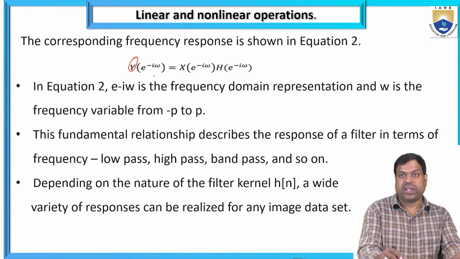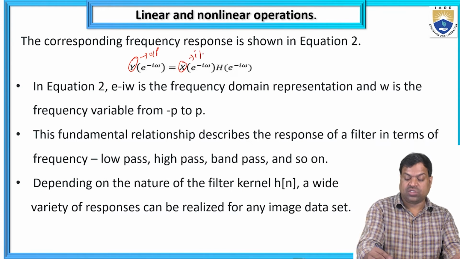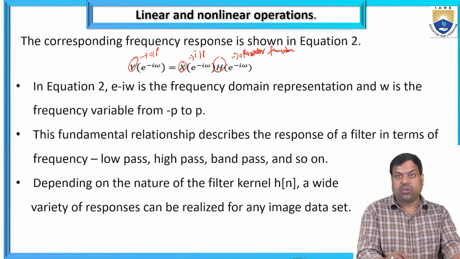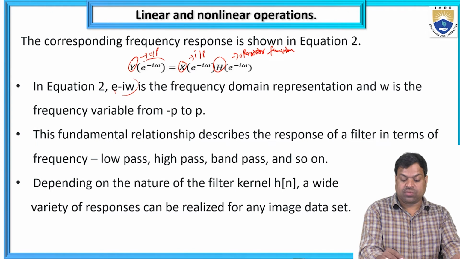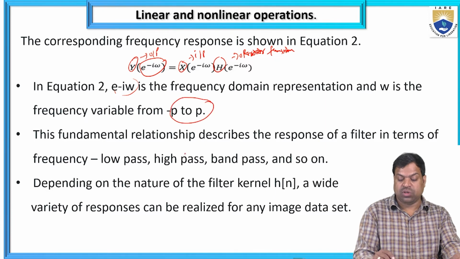Capital Y of e power minus j omega is the output function, with capital X the input function, and with H the operating function. In equation 2, e power minus j omega is the frequency domain response, and omega is the frequency variable, from minus pi to plus pi.